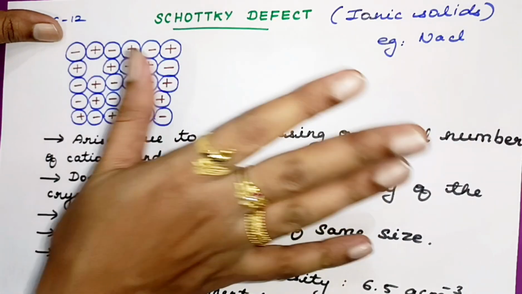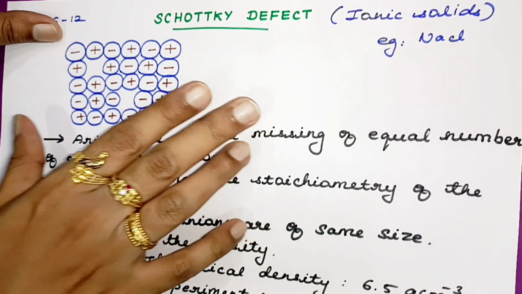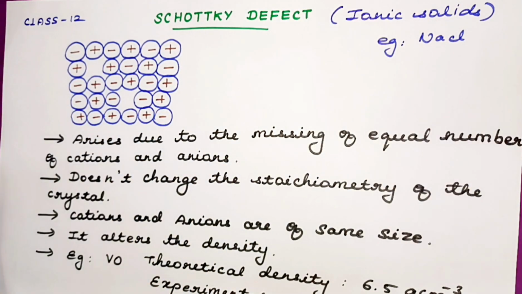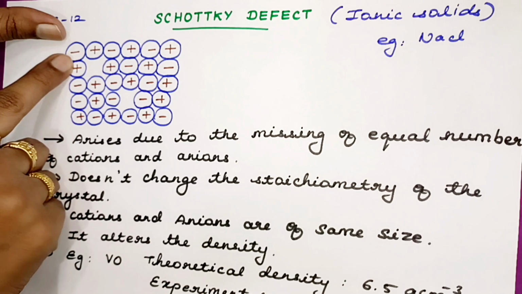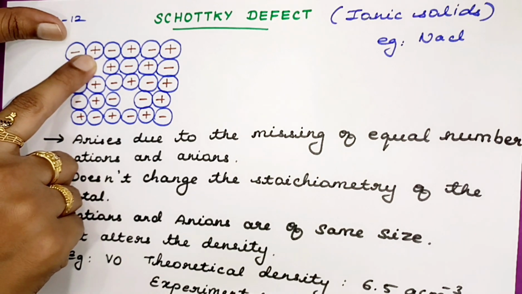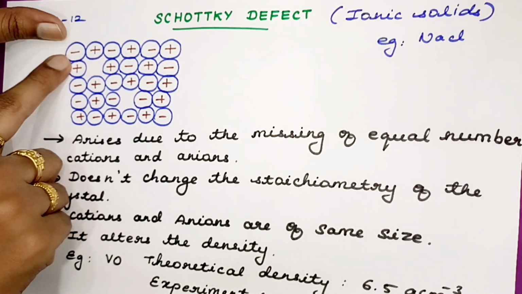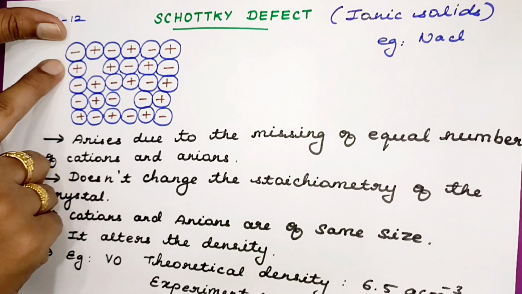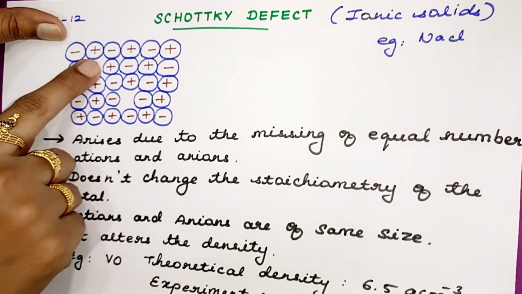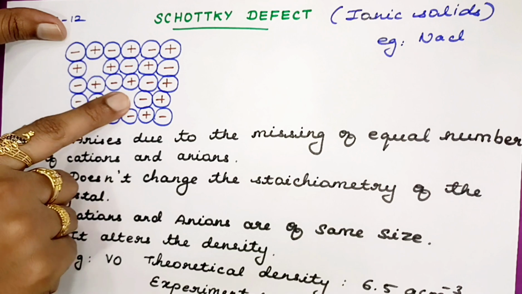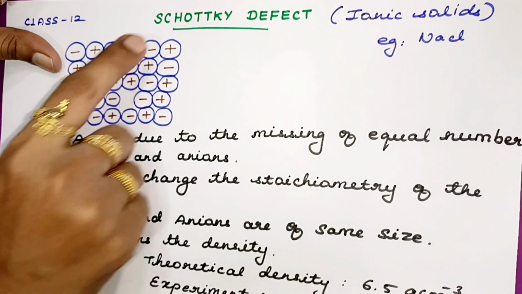Is that clear? What is meant by cation and what is meant by anion? Positive ion is cation, negative ion is anion. In this case, if the crystal is missing an equal number of cations and anions, we call it a Schottky defect.